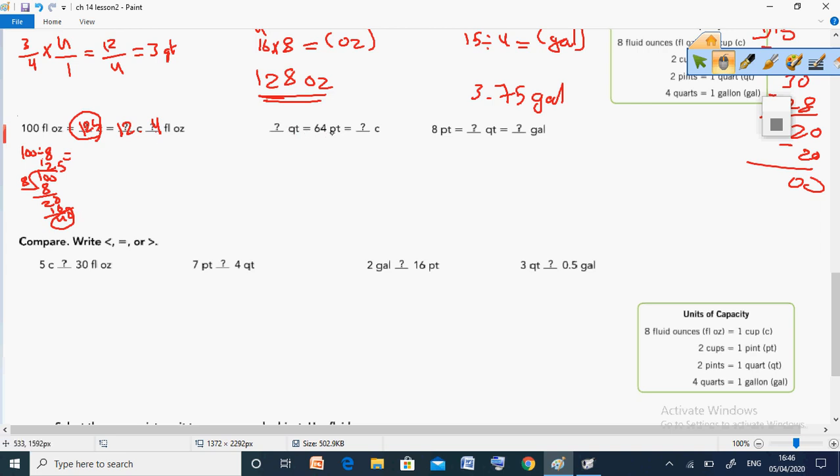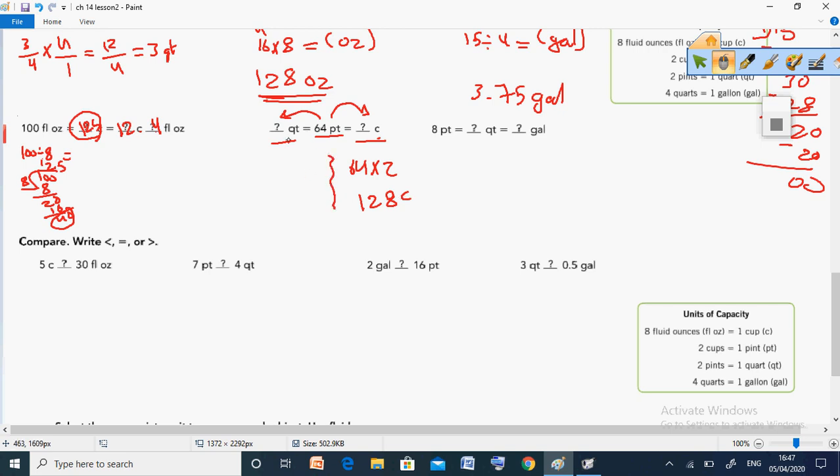Look here, 64 pints, I want to convert them to quarts or to cups. So I will convert like this and I will convert like this. So from pints to cups, we have to multiply because pint is greater. So 64 times 2 is 128 cups.